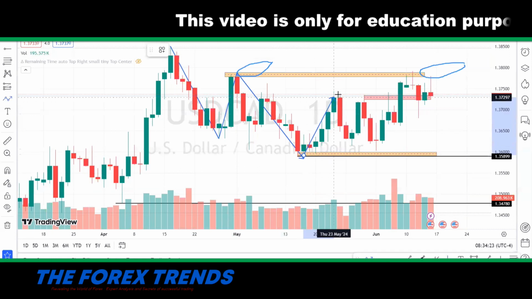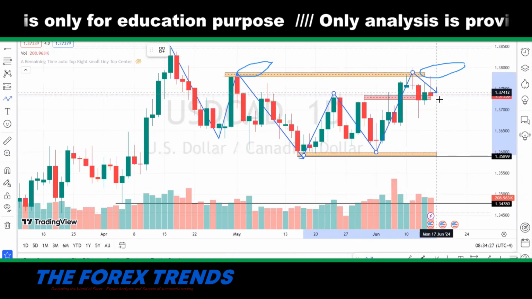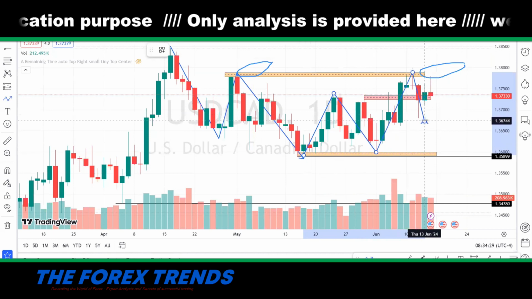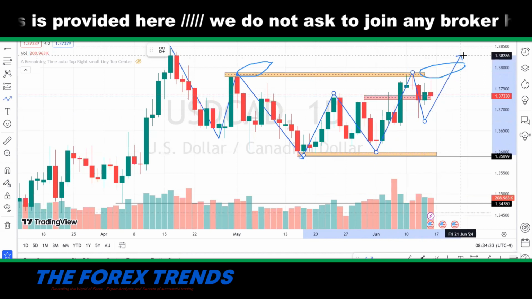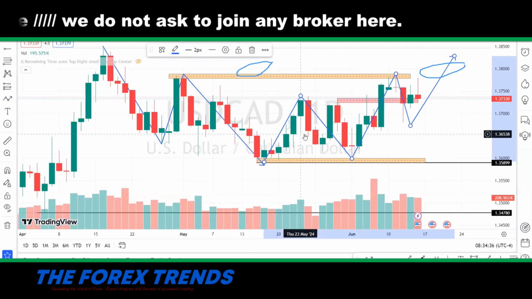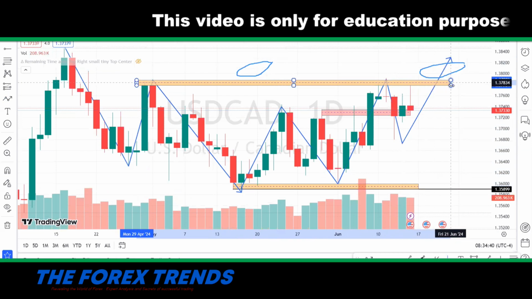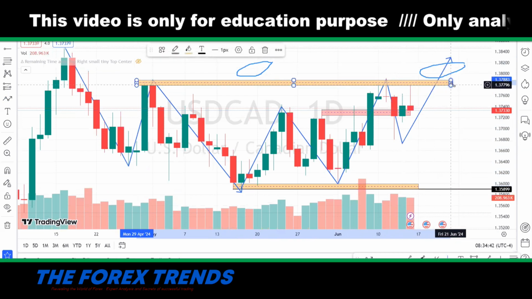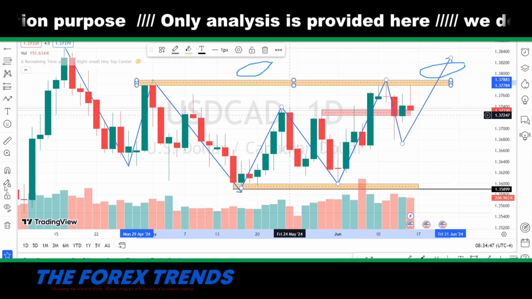If I mark the internal structure, 1, then 2, then 3, then 4, if it is able to create another impulse, that is 5 wave against the external structure, we will be bullish on USD. So that means until market breaks this resistance level, that is 1.3780 level, we will remain bearish on USD CAD.